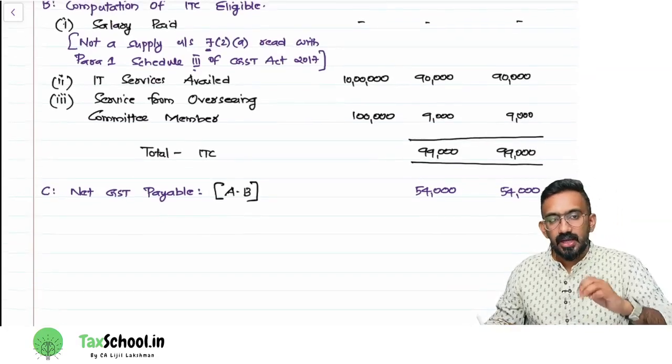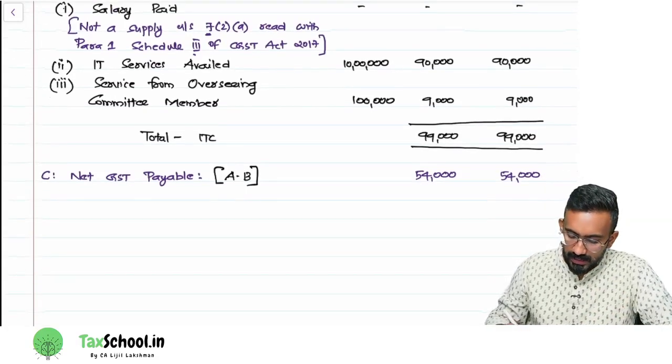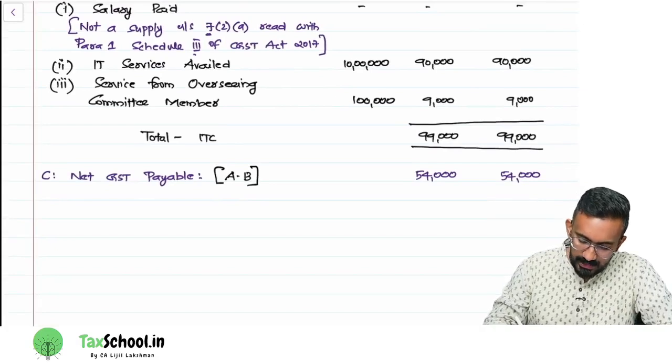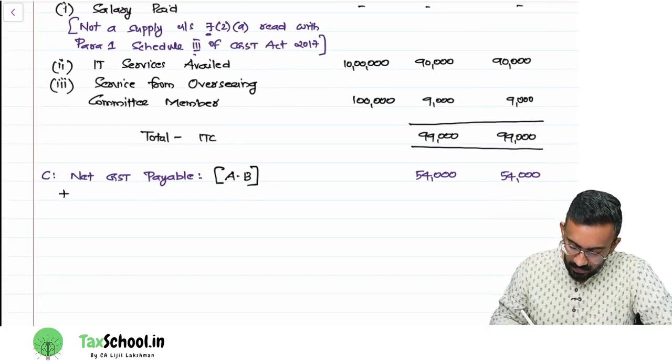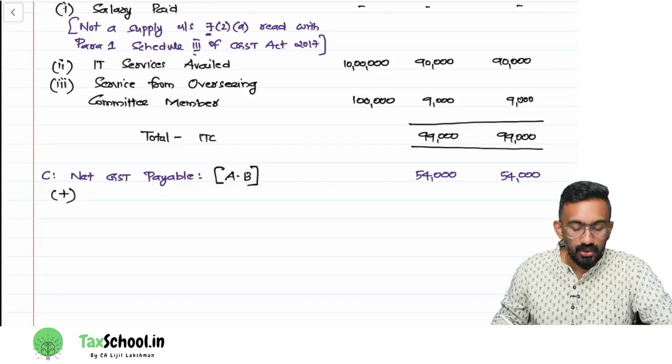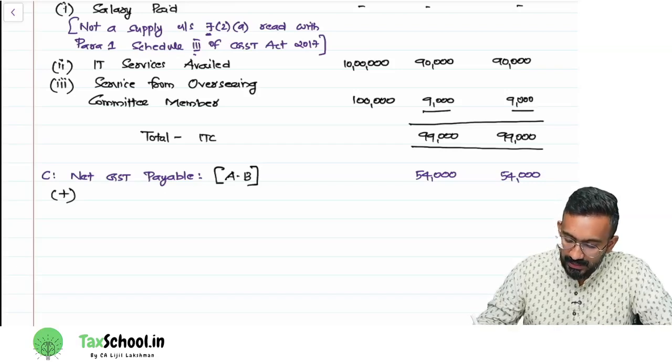But if they ask you this question, is it the only amount that is payable? Then you should know that the answer is no, because you've already paid this 9,000 by cash and you have taken the credit. So this is the only amount that is payable by cash after this.